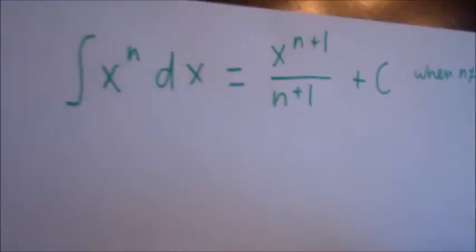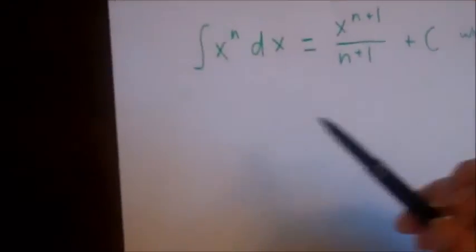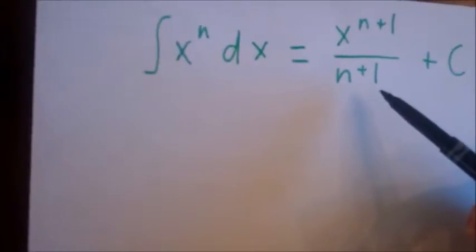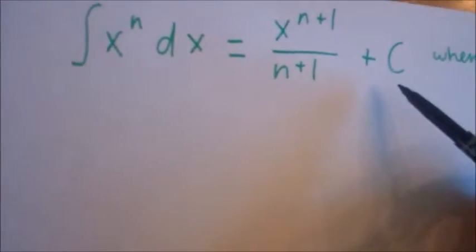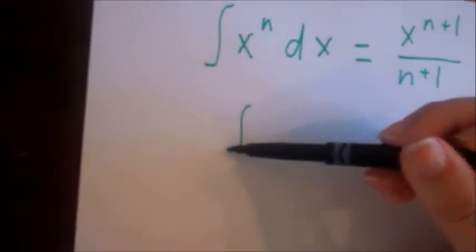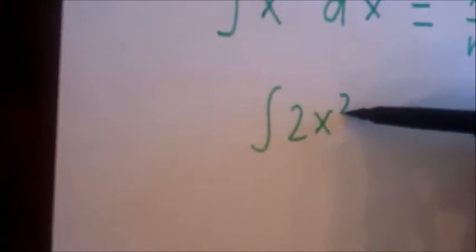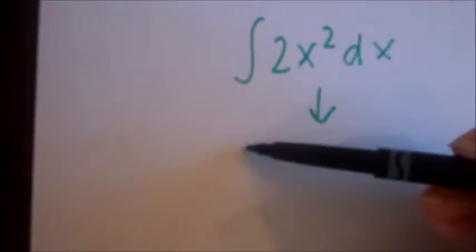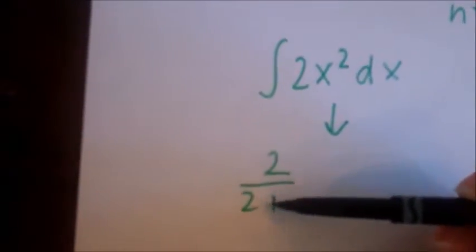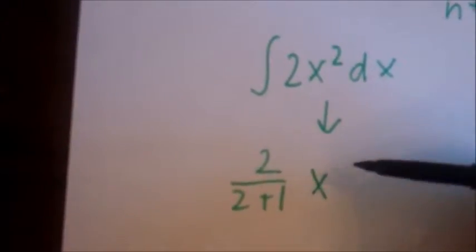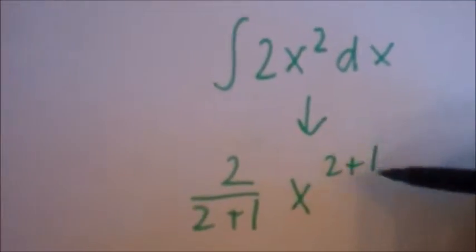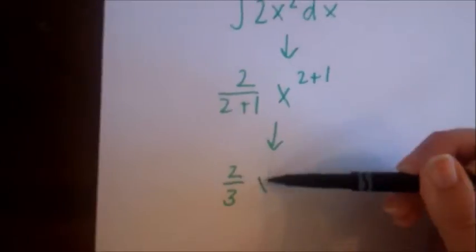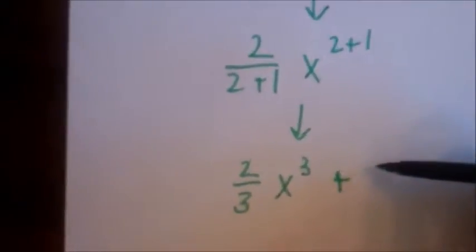So, to take the antiderivative, you add 1 to the power, then divide the coefficient by this new power, and then add c. For example, the integral of 2x squared dx would turn into 2 over 2 plus 1 x raised to the power of 2 plus 1, which equals 2/3 x to the third plus c.